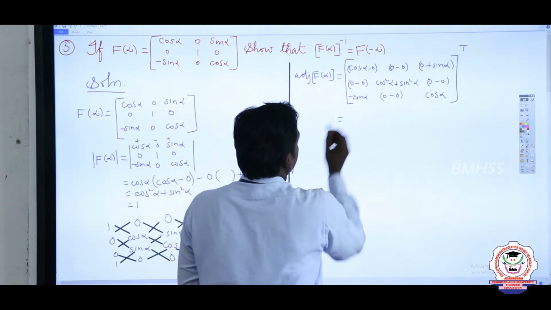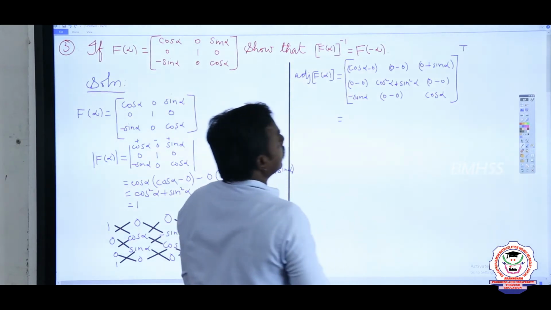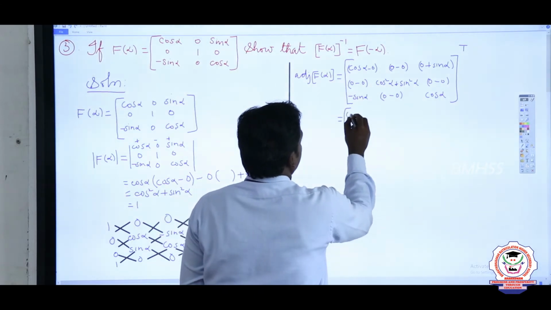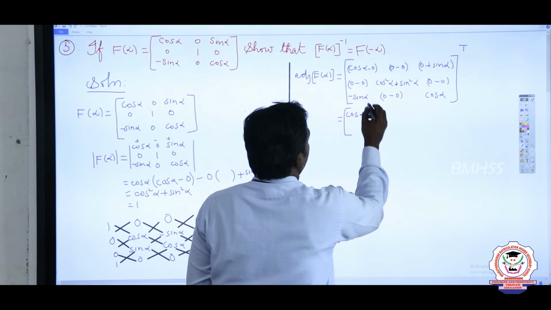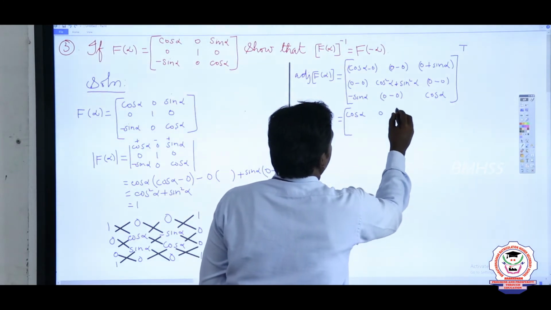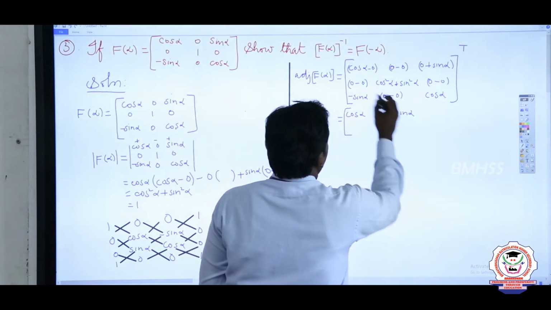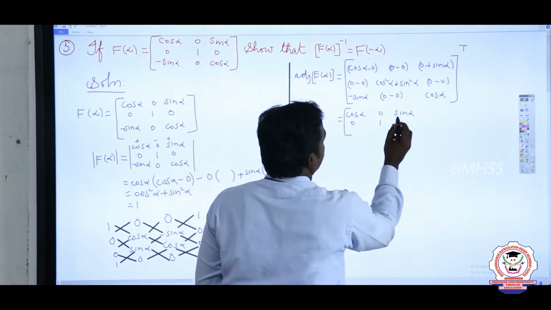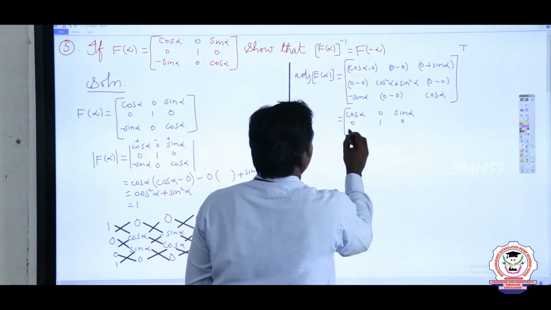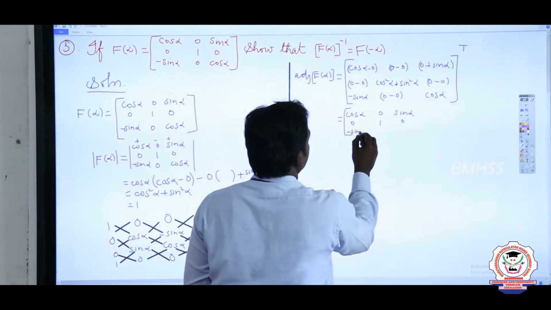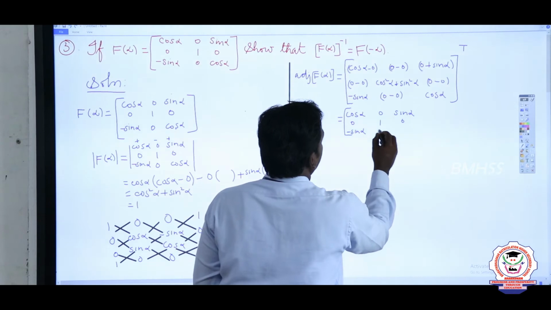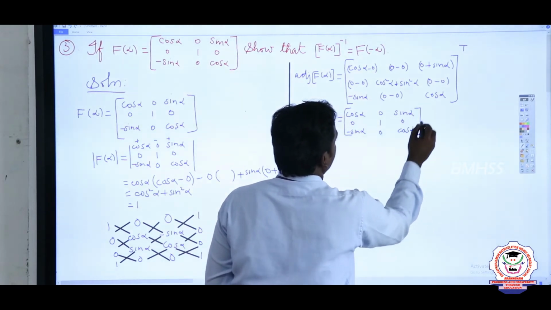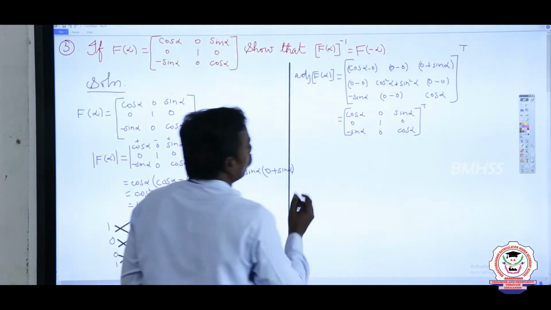Cos alpha minus 0 is cos alpha, 0, sin alpha, again 0, cos square plus sin square value is 1, 0, the last value minus sin alpha, 0, cos alpha. Now I am going to transpose this value.